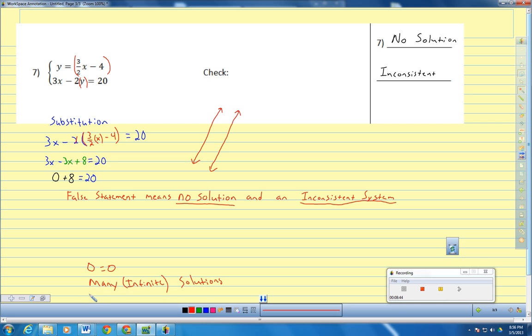And because of that, we say that it's a consistent system because there are solutions, you see. But it depends which one you're talking about. Because those 2 lines lie on top of each other. So, it's a consistent, dependent system, right, with an infinite amount of solutions.